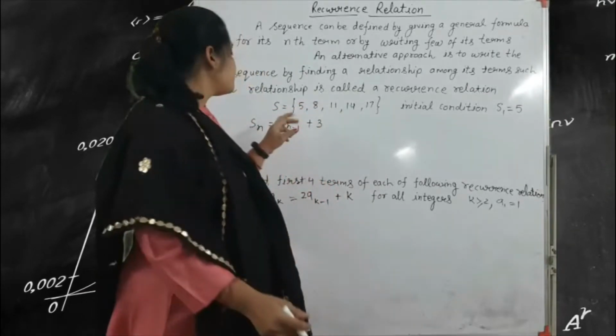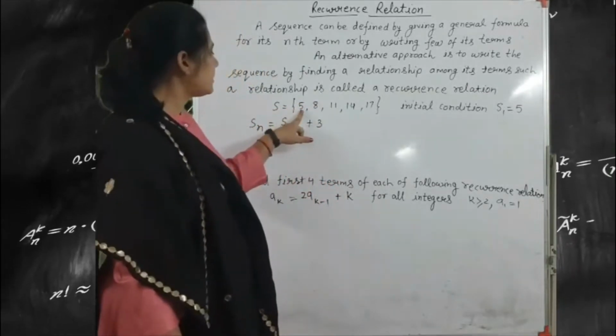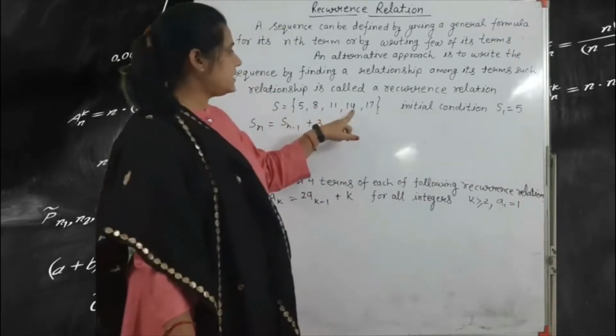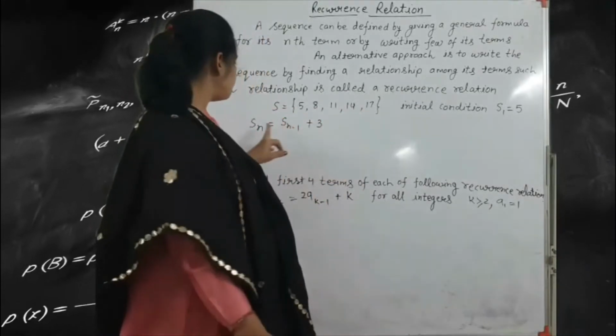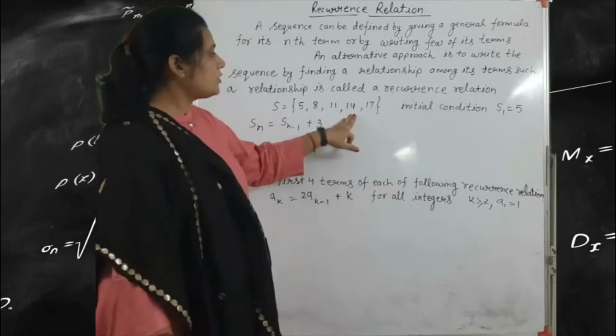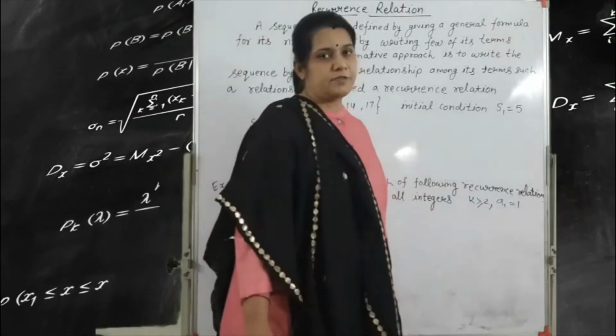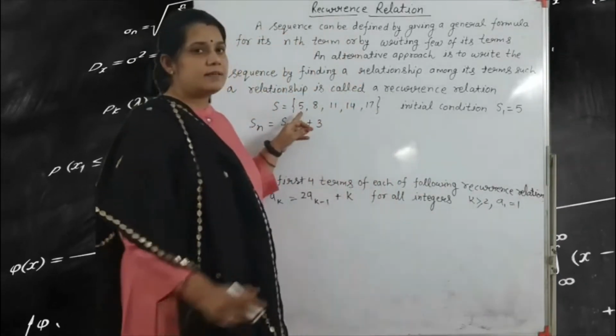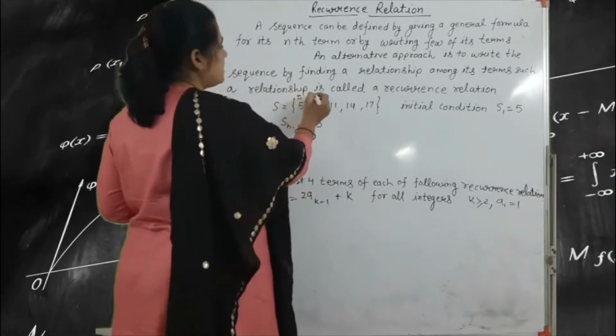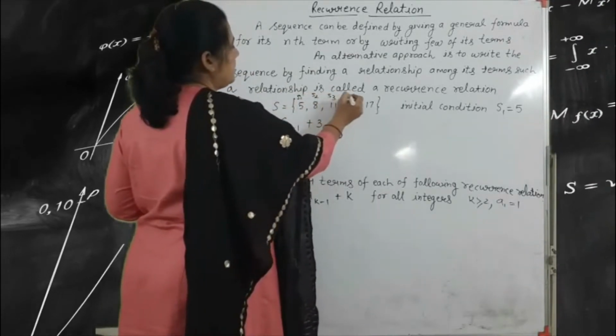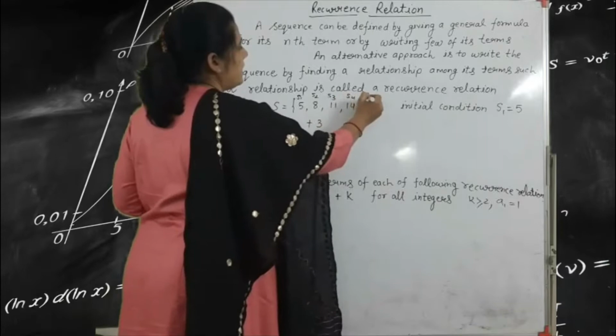Here S is equal to 5, 8, 11, 14 and 17, so according to this, S1 is equal to 5, this is S2, S3, S4 and S5.